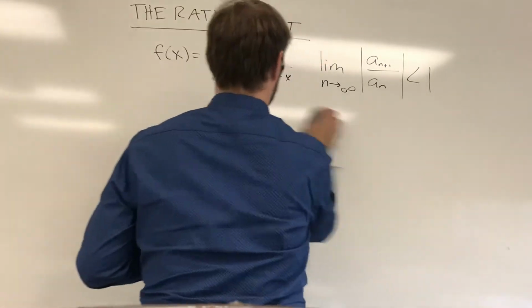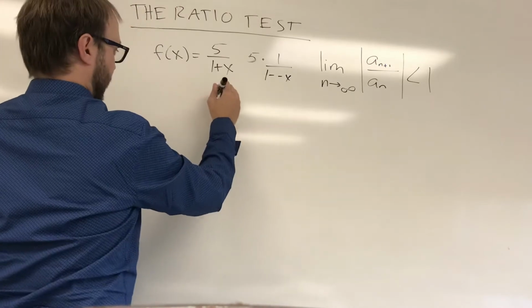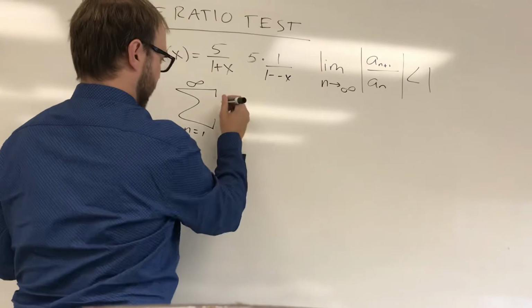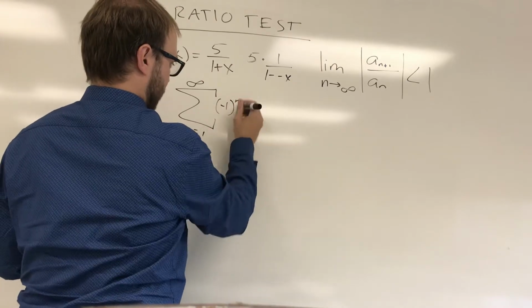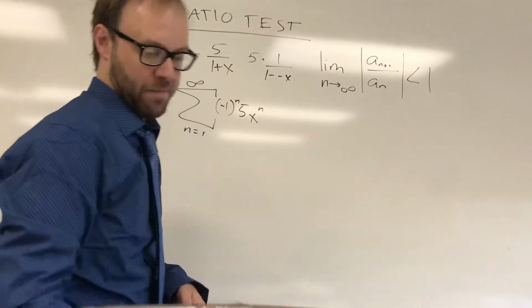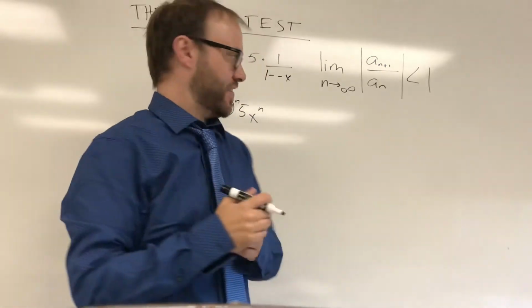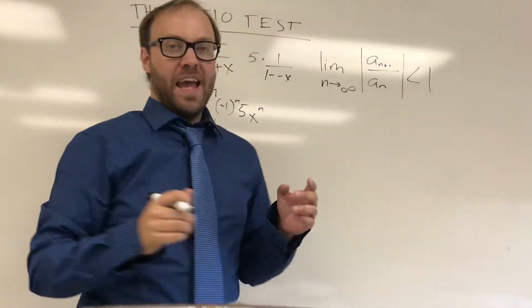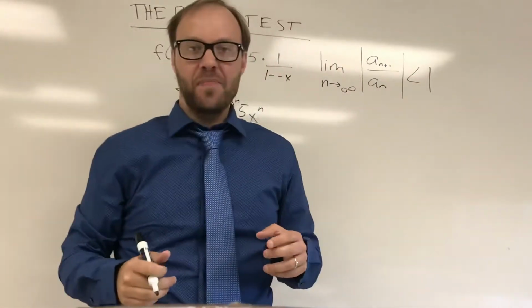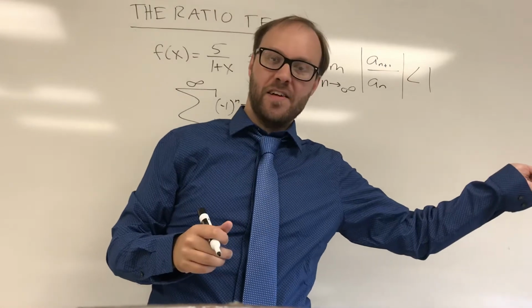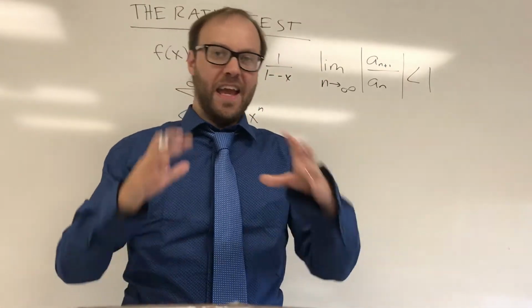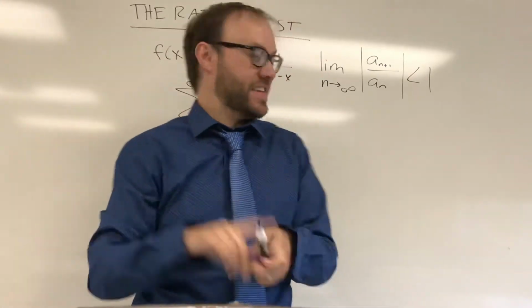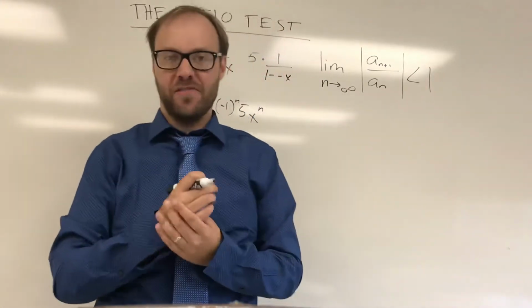So where does the ratio test come into play? You're going to take your sigma setup, n equals 1 to infinity, with (-1) to the n times 5x to the n. What the ratio test says is that this series is only going to converge if, as I go out infinitely far, the farthest term out divided by the term that comes before it, that ratio, is consistently less than 1 as I go out to infinity.